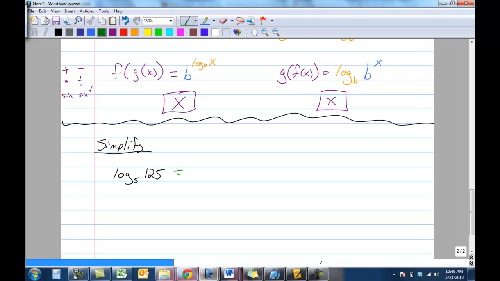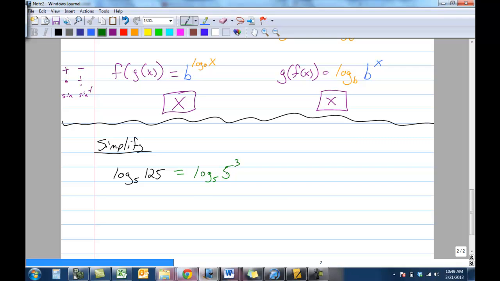However, this goes back to last chapter. Remember we said that if you can rewrite the base, do it? What's another way to write 125? Another way to write 125 is 5 to the third power. So, what is log base 5 of 5 to the third power?